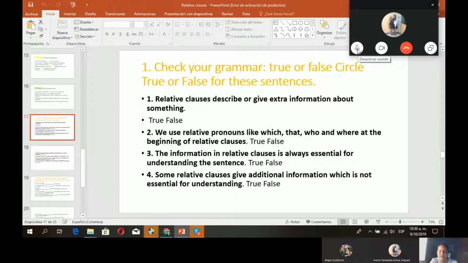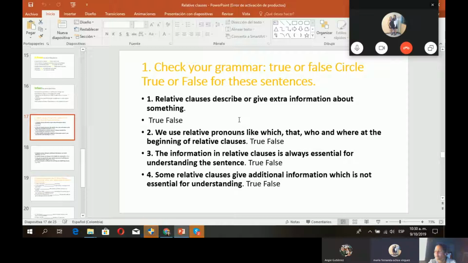Okay, let's continue. I send you the link of the video to your emails, okay? In this exercise, you check your grammar, you mark true or false for the sentences. Number 1, relative clauses describe or give extra information about something. True or false? What do you think, Maria Fernanda?